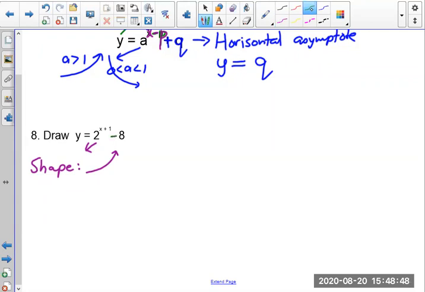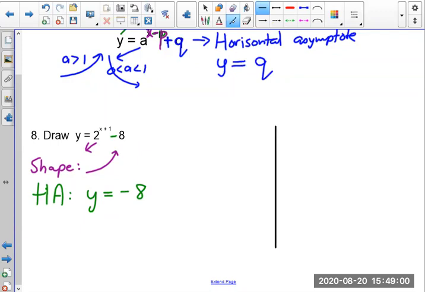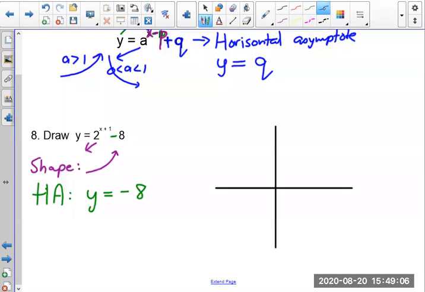It tells me the horizontal asymptote is y equals negative 8. And you remember that you always start drawing with the asymptotes. So y equals minus 8 is something like that. y equals negative 8.